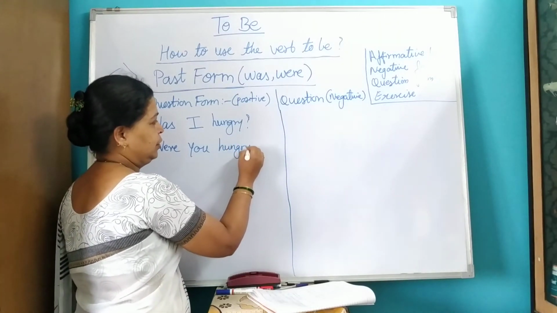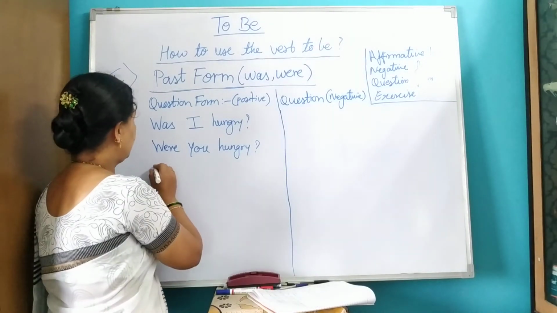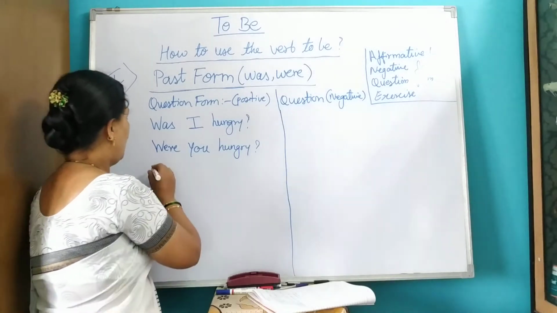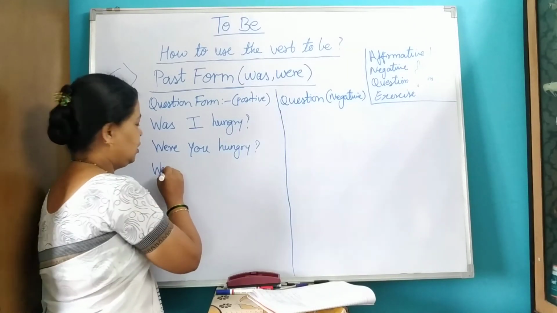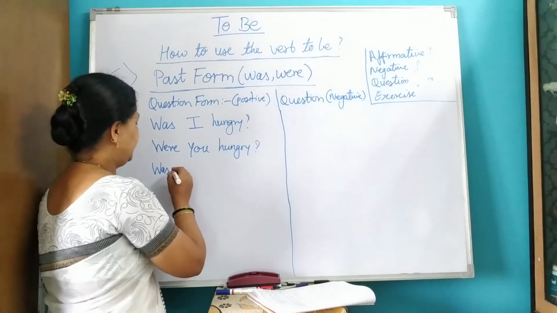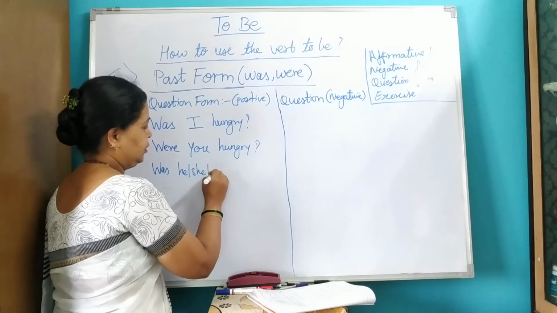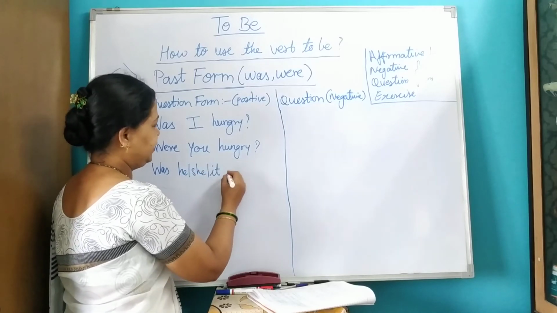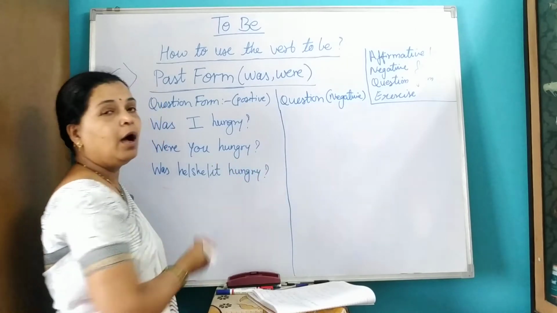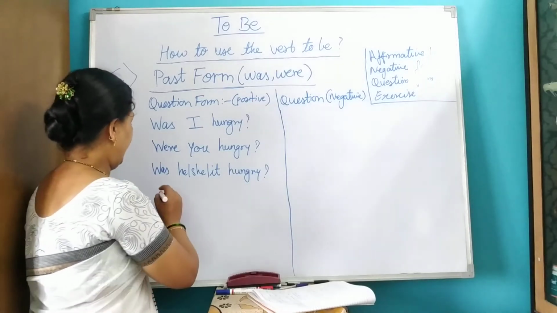It is a question, so we put a question mark. Then he, she, it, third person singular, was. Was he hungry? Was she hungry? Was it hungry?